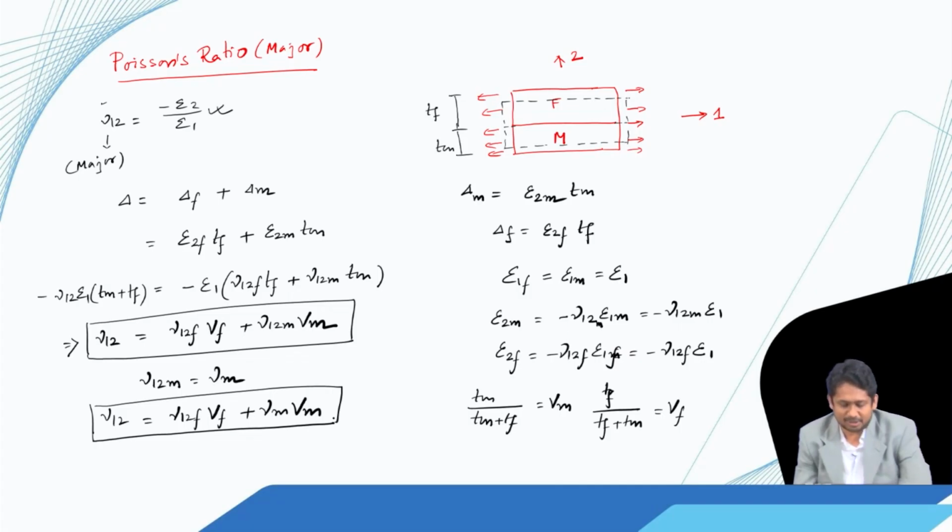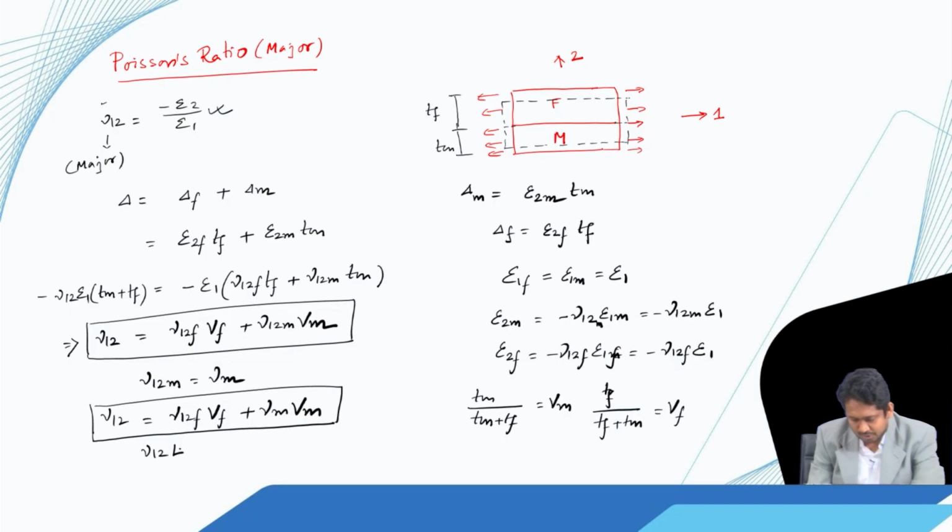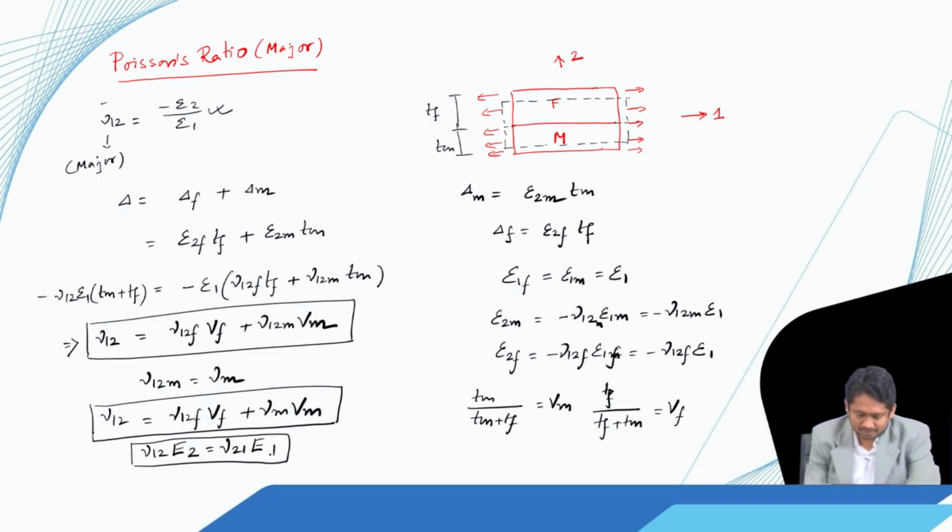Now, there is something called minor Poisson's ratio also, and in orthotropic material the minor Poisson's ratio generally follows this rule: nu 1 2 into E 2 is equal to nu 2 1 into E 1, which means if we find out one of the Poisson's ratios we can find out the other one.